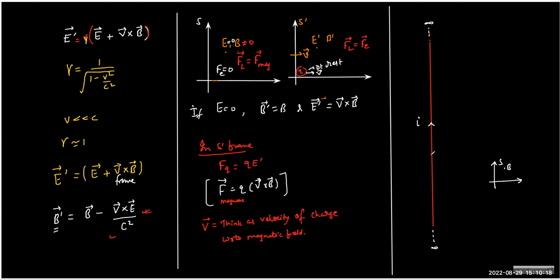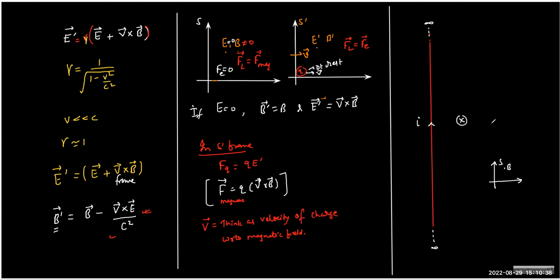Because a wire which is carrying current is assumed to be neutral, because the positive and negative charge will be the same, right? Yes, sir. So a frame at rest will see the wire as neutral, and the only field present is B, and we know it will create a cross field.